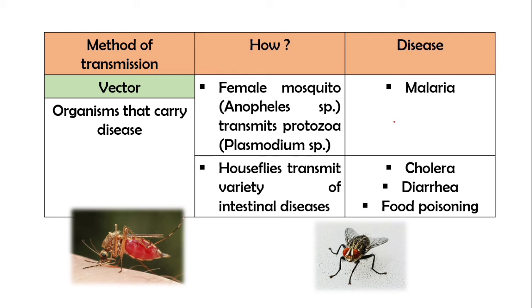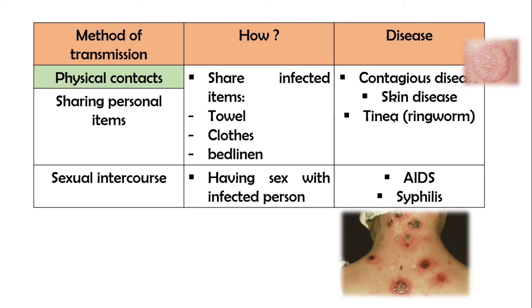Vectors are organisms that carry disease, such as the female mosquito, Anopheles species, that transmits the protozoa Plasmodium species that can cause malaria, or houseflies that transmit a variety of intestinal diseases such as cholera, diarrhea, and also food poisoning.